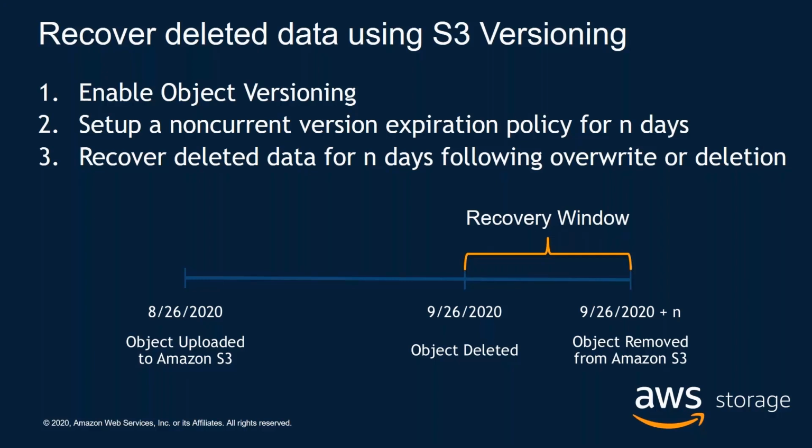If you notice errors in the application, if somebody manually is looking for an object and doesn't see it, or looks deeper into the bucket to look at the version history and sees the object is still there as a non-current version, these are the things that potentially would trigger you to either copy that object, remove a delete marker, take another action to bring that object back to a current state, or move it to a different location.